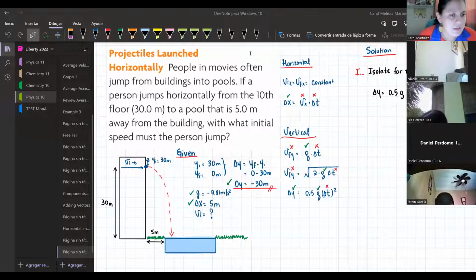I already said what are the topics that are coming on Monday. Guys, what is the topic that I will be evaluating on Monday? Adding vectors? Or just adding vectors. This topic is not coming on Monday, but I'm not going to give a review of vectors because I already took my time to explain vectors step by step. This topic is not coming in Monday's quiz. Okay?